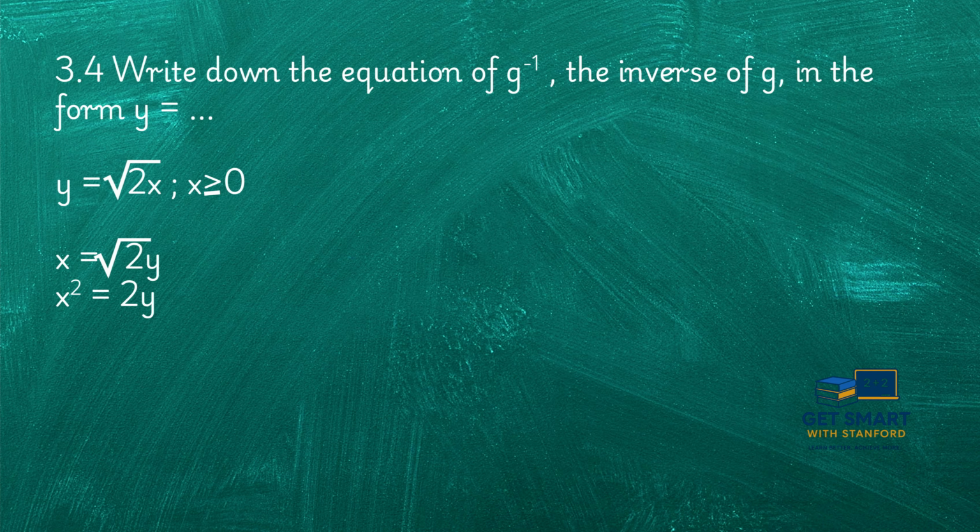And to arrange the equation as per the instruction, because we've been given an instruction in the initial statement to say we must write the inverse function in the form y equals something, we divide both sides by 2. And our inverse function of g equals half x squared.